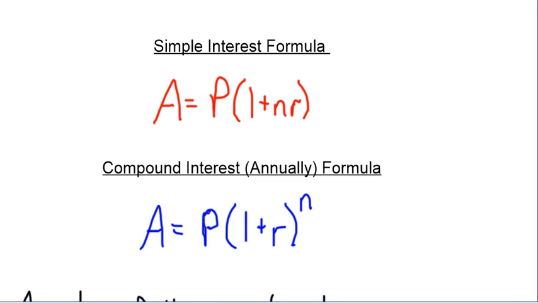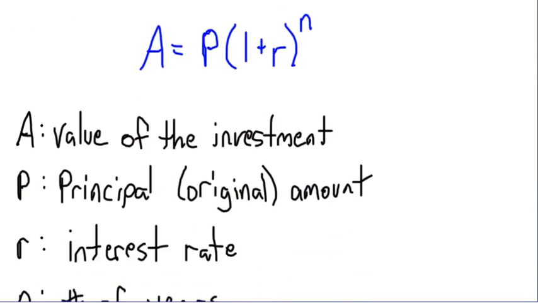We're going to get to more formulas for if it's compounded more than once a year or if it's compounded continuously. But for simple interest, we have A equals P times the quantity of 1 plus N times R. For compound interest, we have A equals P times the quantity 1 plus R raised to the N power. Okay, so what do these variables stand for?